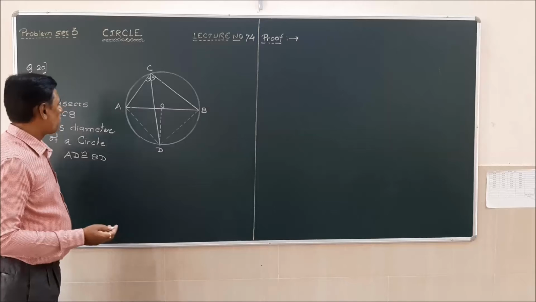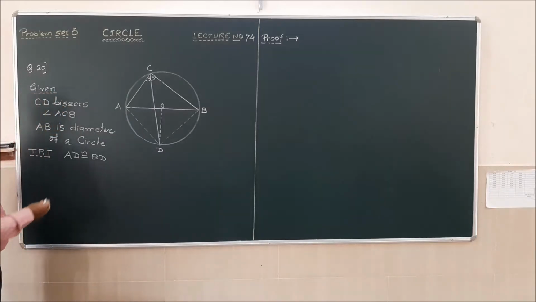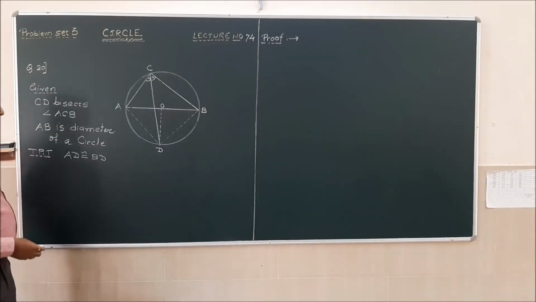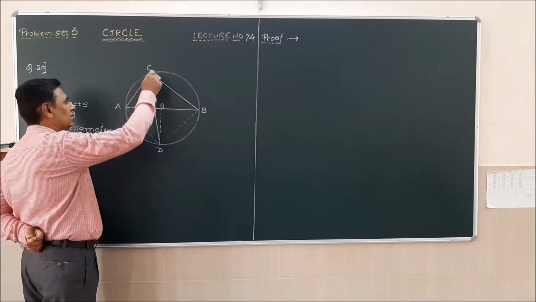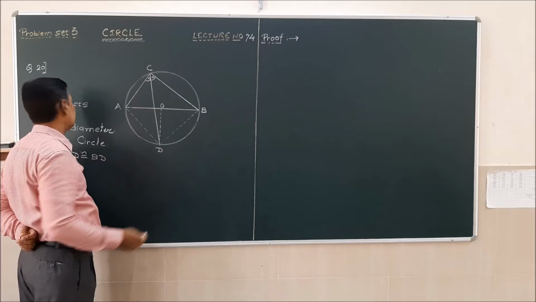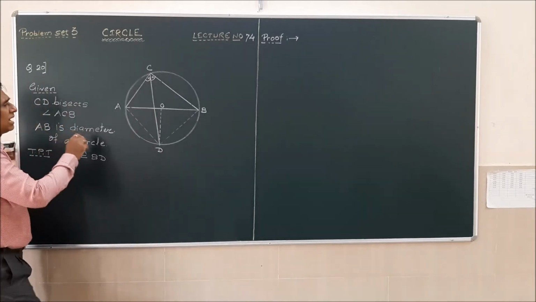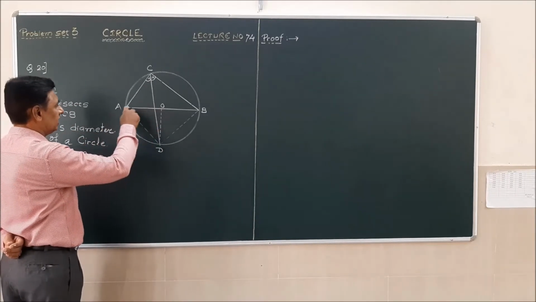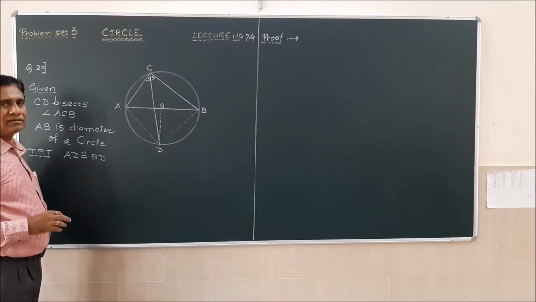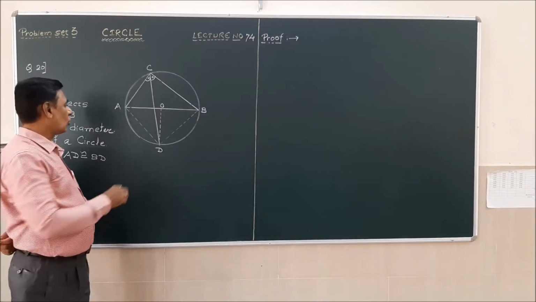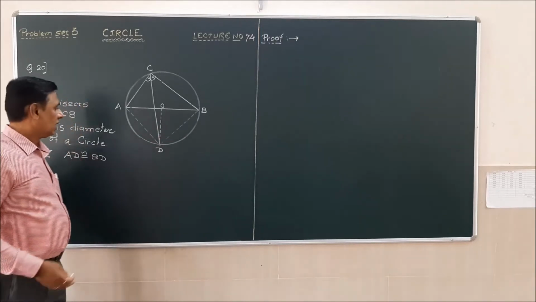Please see here, in question number 20, it is given that CD bisects angle ACB. AB is a diameter, O is the center of the circle, and we have to prove that AD is congruent to BD.